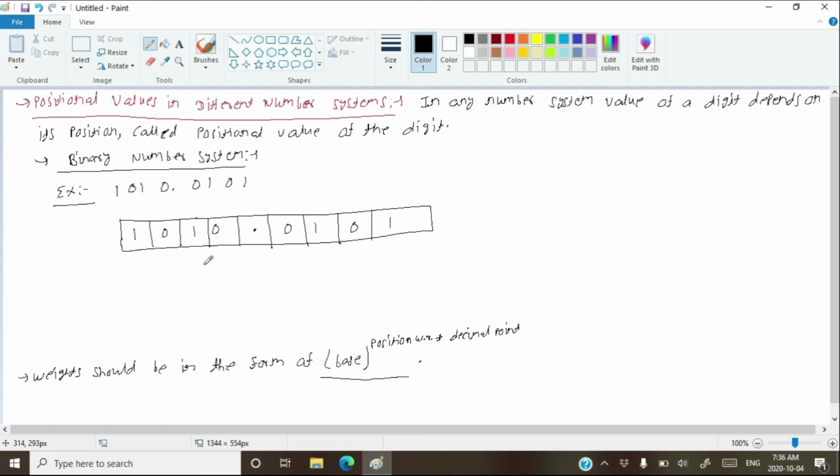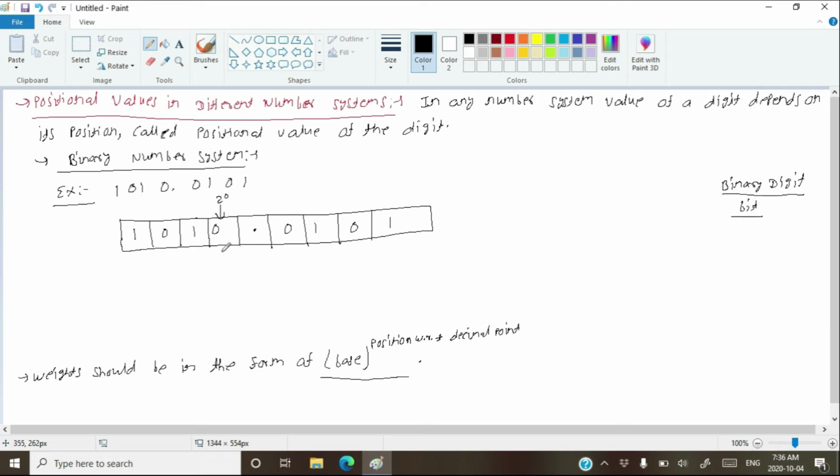And second thing is that one digit in the binary number system is either called a binary digit or a bit. Bit is the more proper word for one digit in the binary number system. So you give the different weights like 2 to the power 0.